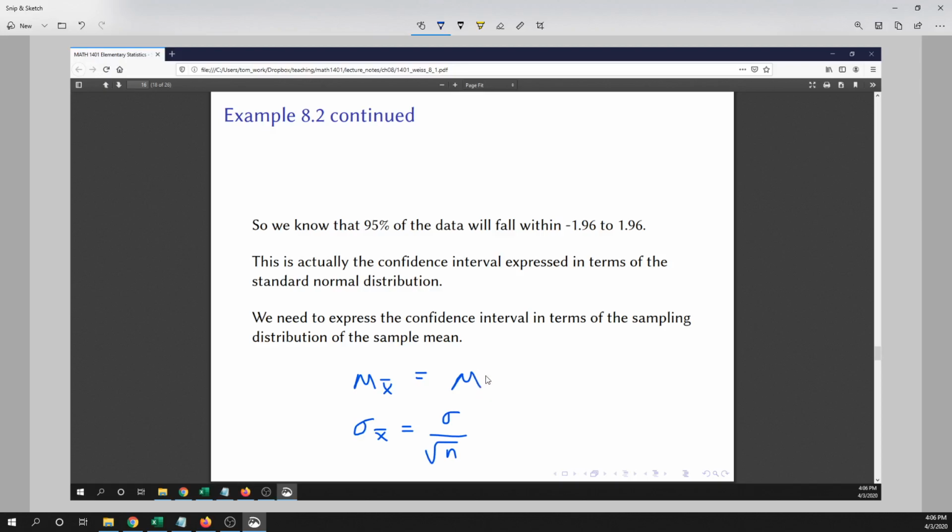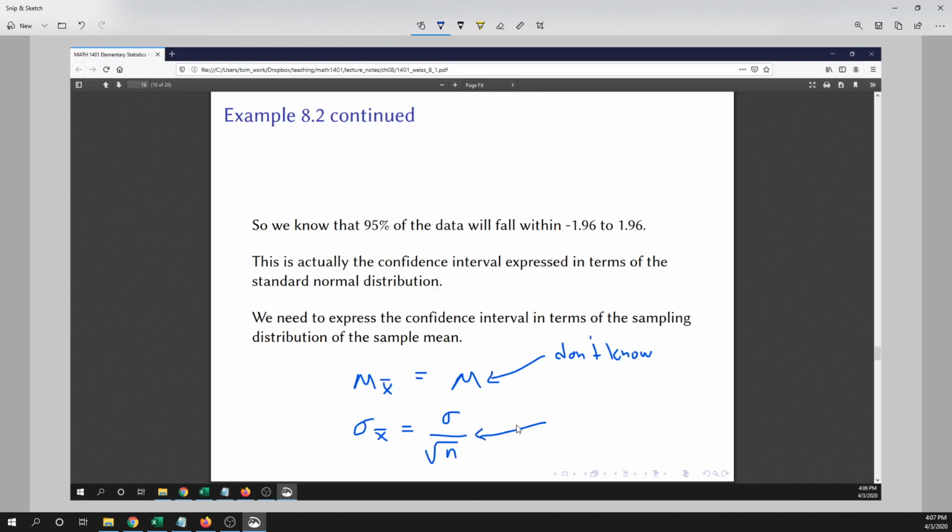The problem here is that we don't know this. We're not given the population mean. If we knew what the population mean was, there'd be no point in constructing a confidence interval, because we'd know exactly what it is.